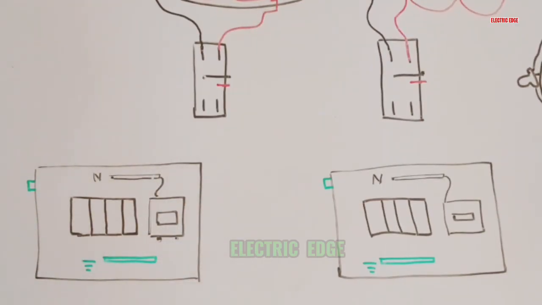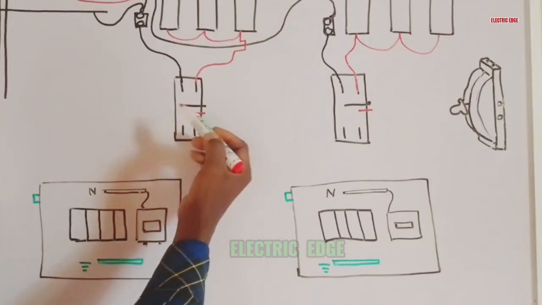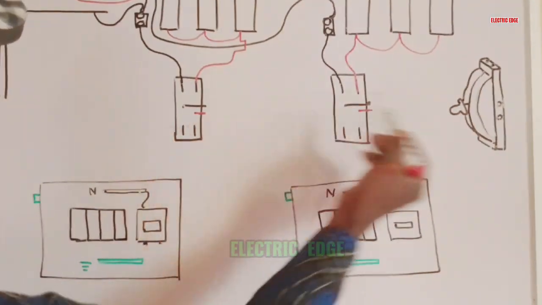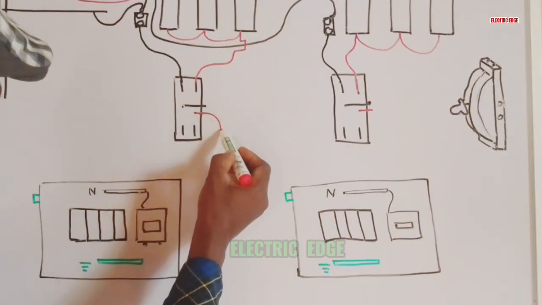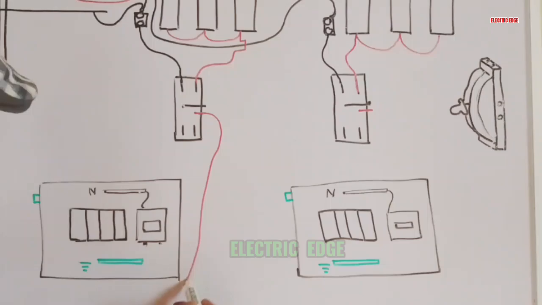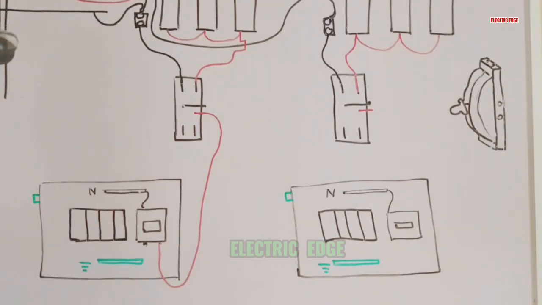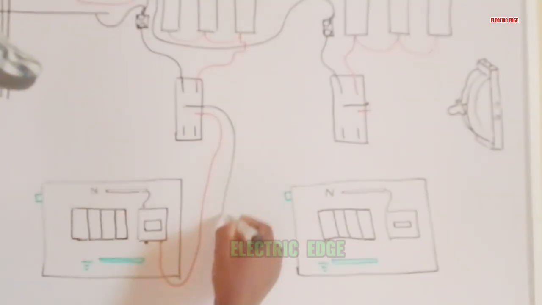For instance, let me use one of these to show us what I mean. Here, this represents the night switch changeover. Now, this night switch changeover is where we connect this red. This red will come here, while the black, the neutral, is the neutral.